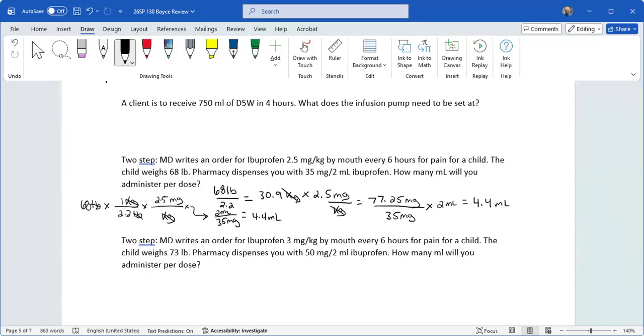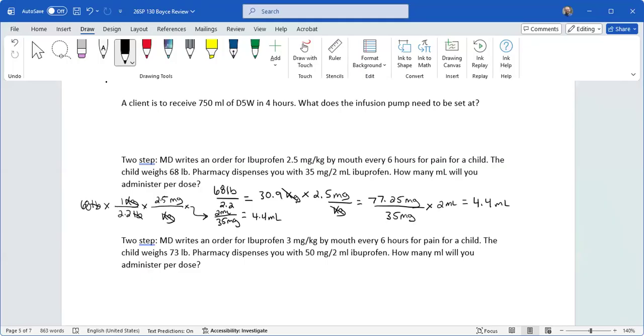If you're getting 3.984, or 3.972, those big numbers, remember, when you're rounding to the tenths place, you have to look at the hundredths place. If it's five or greater, then you're going to round that up. So I would give an answer of 4 milliliters.